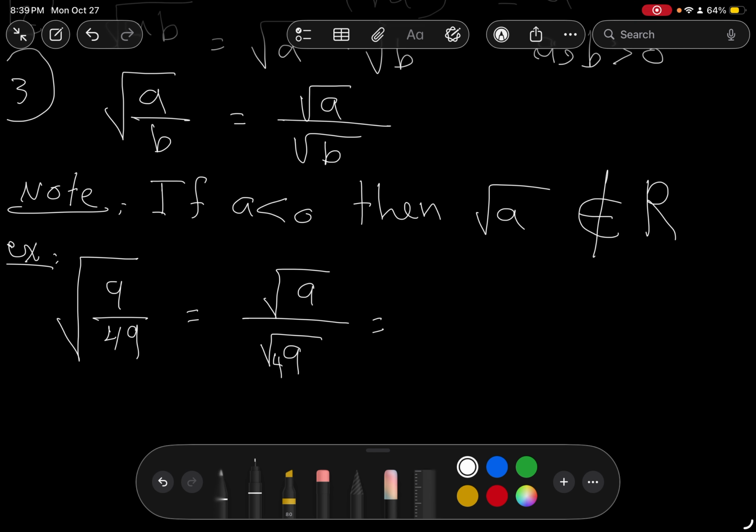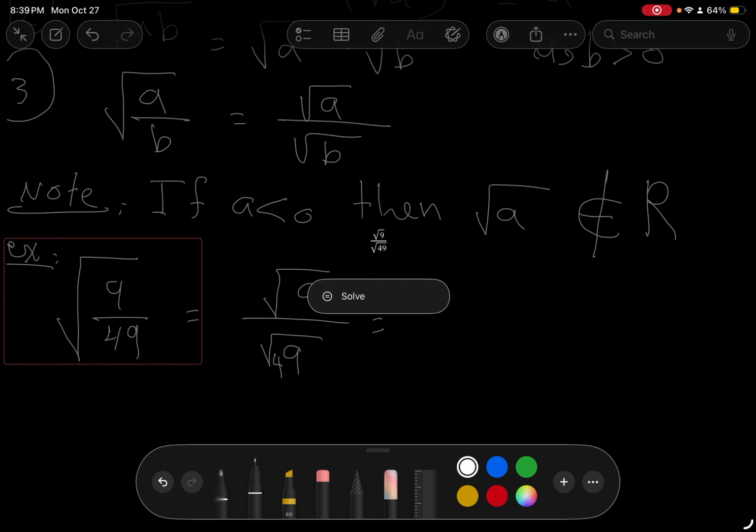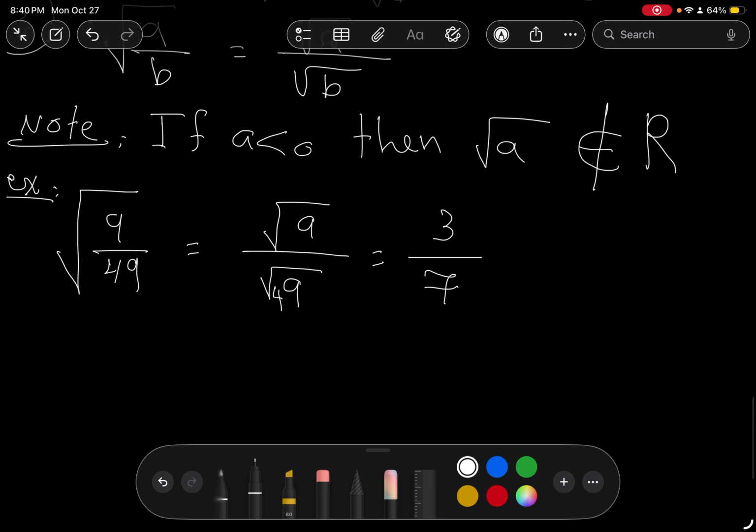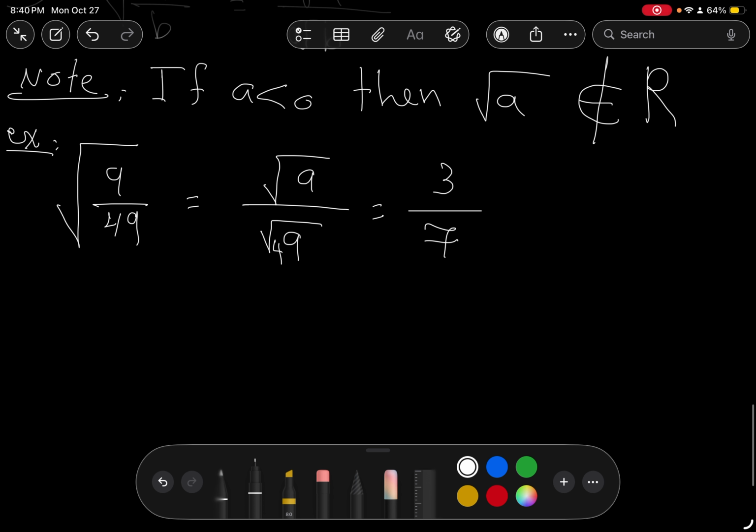The radical of 9 is 3, and the radical of 49 is 7. Okay, we separate them to take the value of each one.